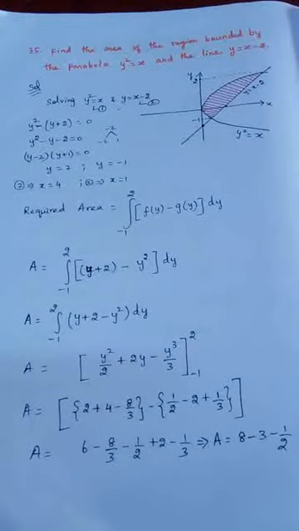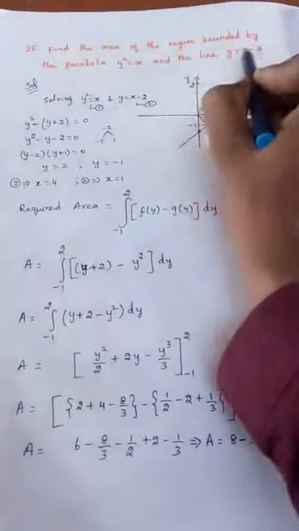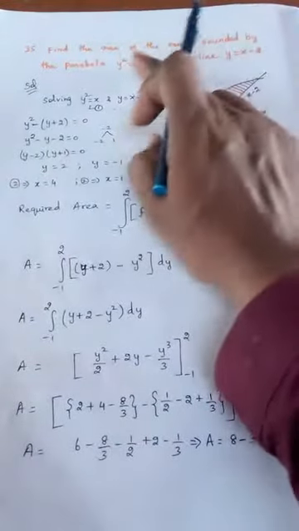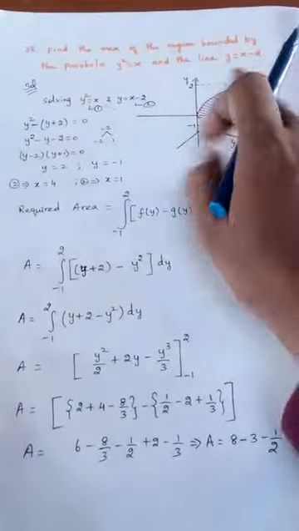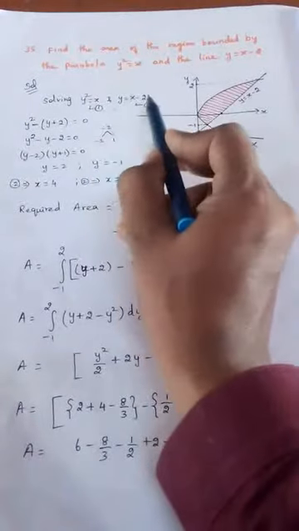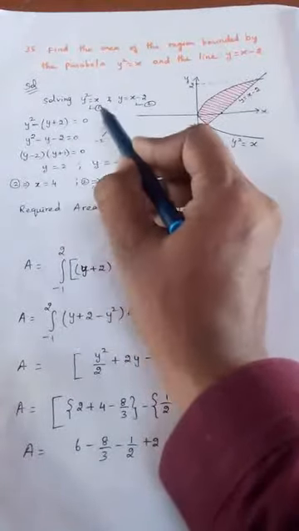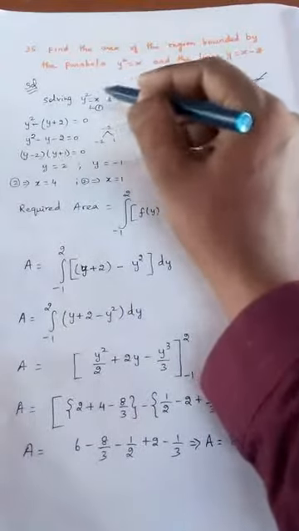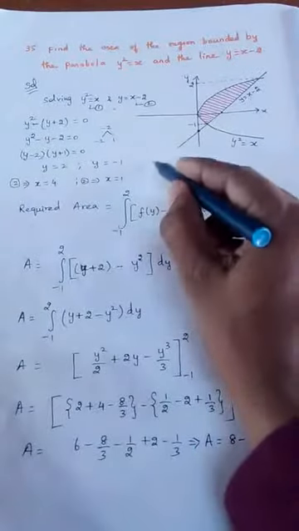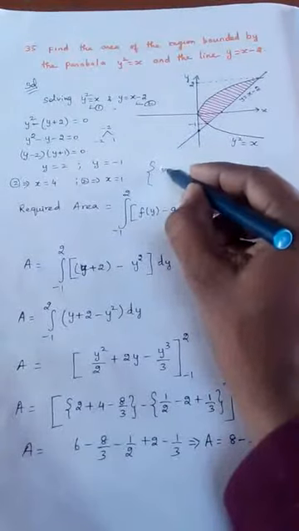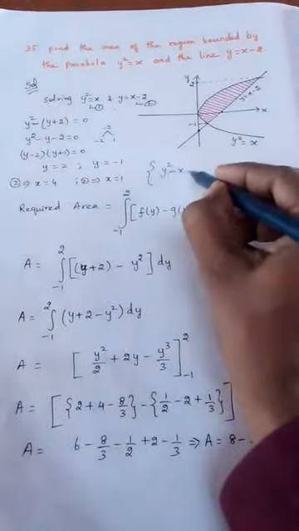So as we did in the previous sum, first we will try to solve the two equations to find the points of intersection. This is one equation, this is the second equation. So solving those two equations, how I am solving here is, I will be writing this in the rough column. From the first equation, y square minus x equal to 0.